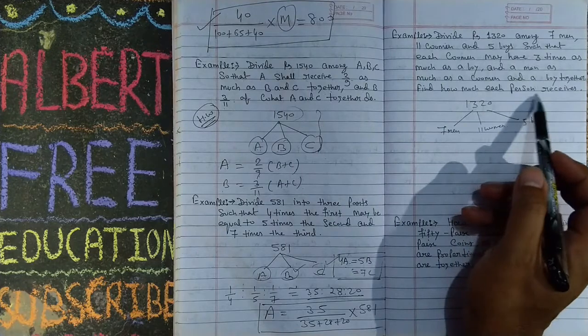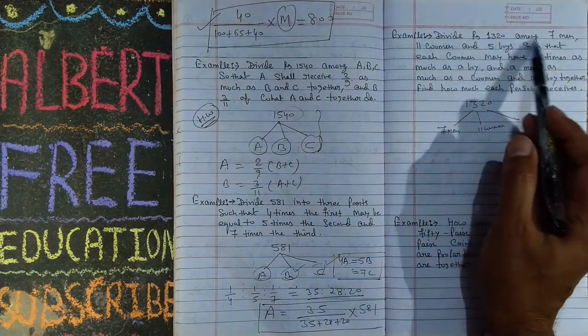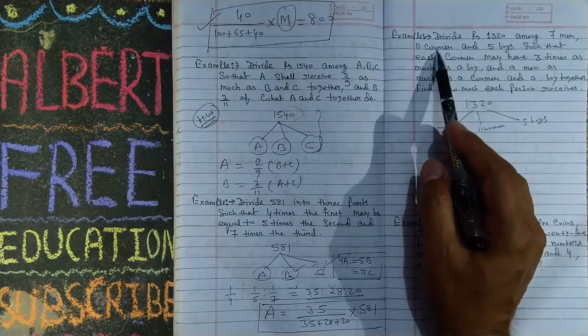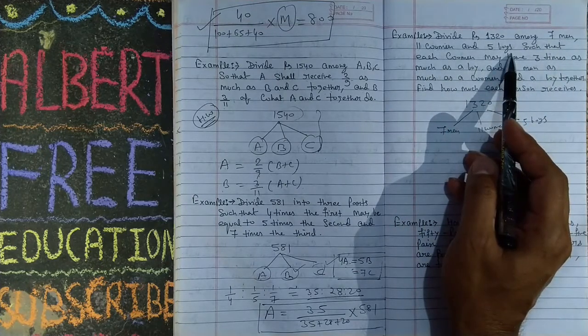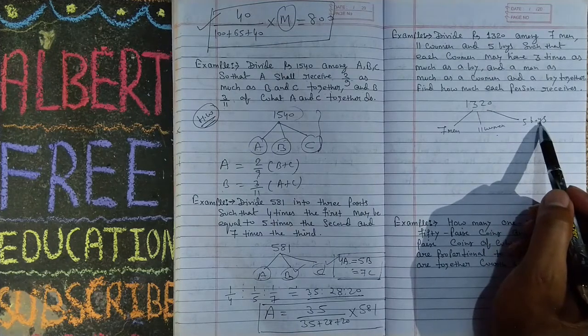Find how much each person receives. You have to divide this 1320 among 7 men, 11 women and 5 boys.